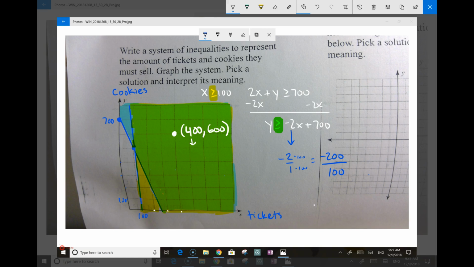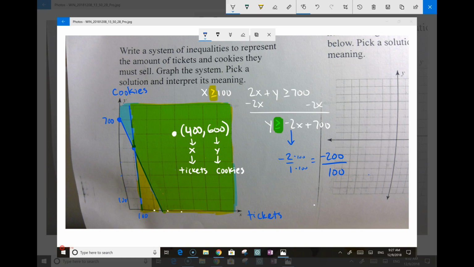The 400 represents my x, which represents my tickets, and the 600 represents my y, which represents cookies. So the way to understand this single point would be if 400 tickets and 600 cookies were sold, would the requirements be met for the minimum profit desired?